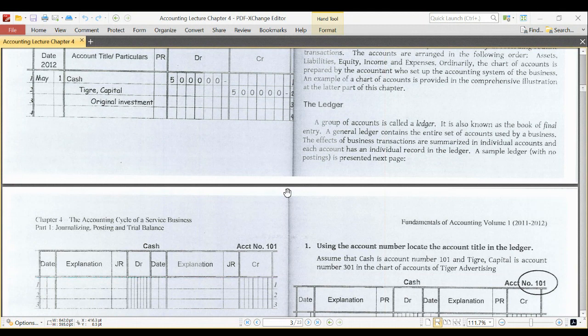Sa bawat account, nilalagay niya yung transactions doon. So, sa cash, may sariling ledger si cash. Doon mo makikita sa ledger ni cash yung effect ng bawat transaction. So, naka-rundown yung debit at saka credit per account, sa mismong account ni cash.